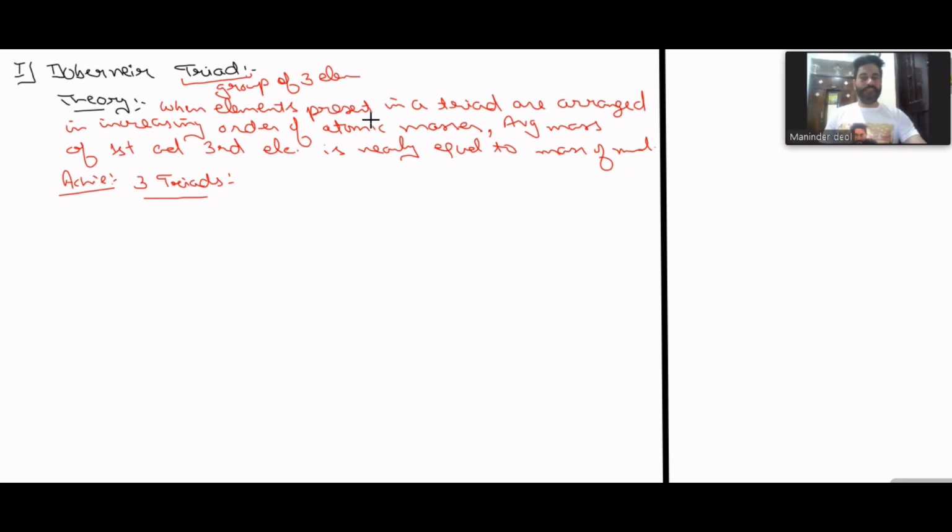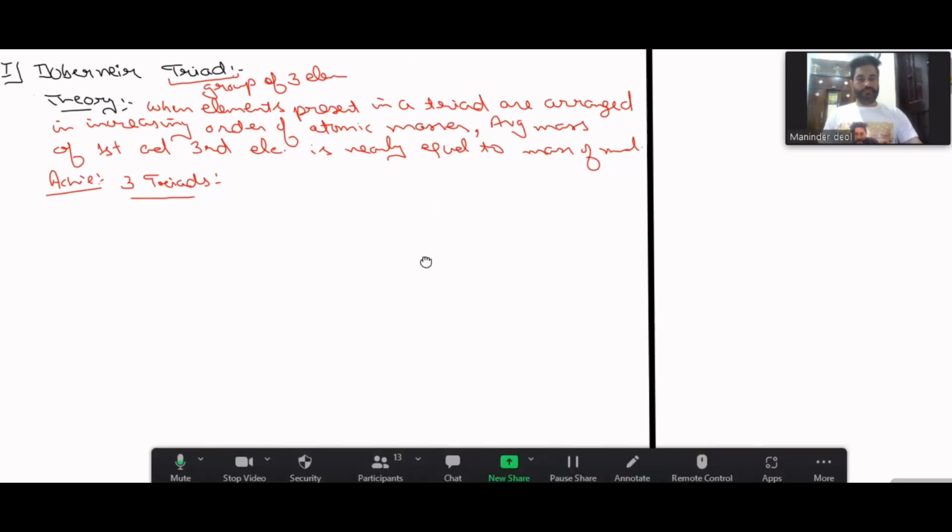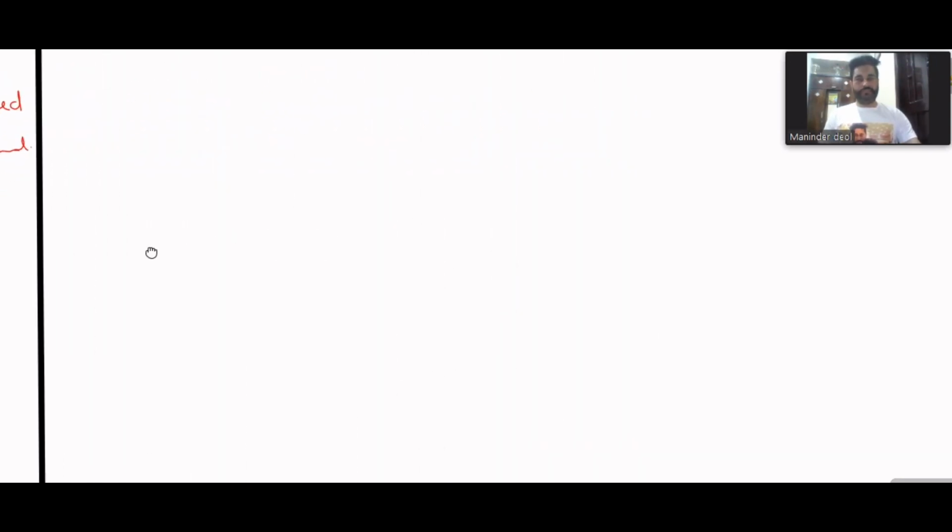So let's move to the modern periodic table first, because whatever examples are taken, Dobereiner's triad, Newland's law of octave, or Mendeleev's periodic table, everything is present in the modern periodic table. Does everyone know how to draw it, or should I tell? If anyone says, then only I'll draw.